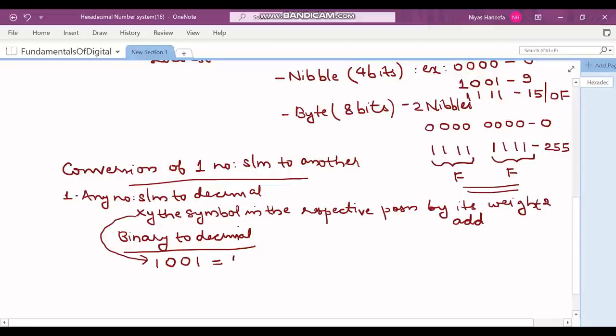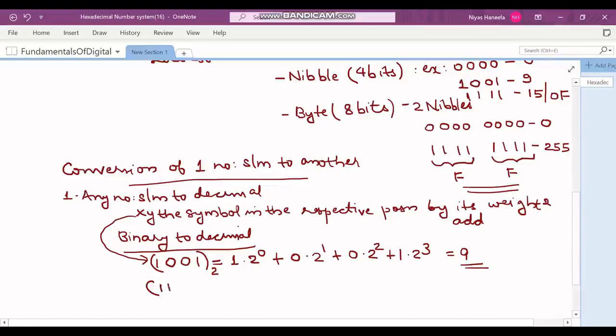What is the symbol there? 1. Into what is the weight there? This is binary, so the base is 2. The lowest position corresponds to 2 raised to 0. Add. Next position 0: 0 into 2 raised to 1, plus 0 into 2 squared, plus 1 into 2 cubed. So this will be equal to 1 into 2 raised to 0, plus 0, plus 0, plus 2 cubed, 8. 1 plus 8 equals 9. This is binary to decimal.